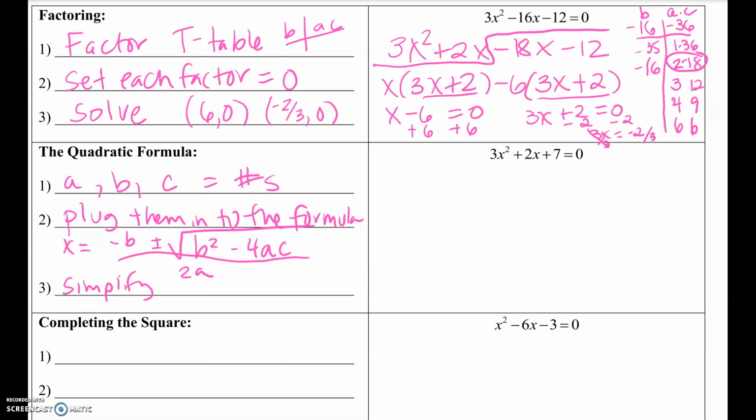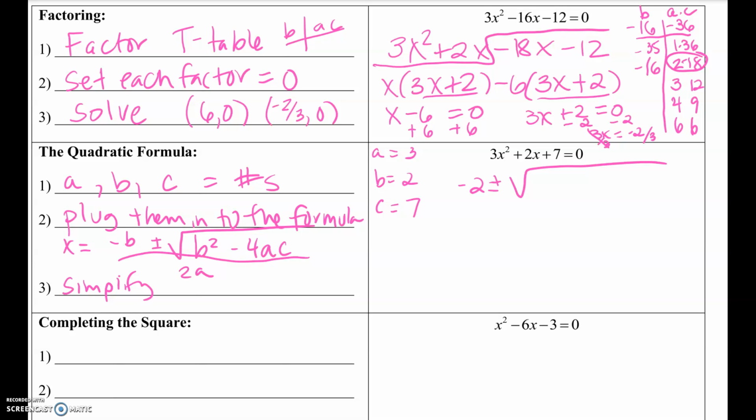So in this case, I've got a is equal to 3, b is equal to the positive 2, and c is equal to 7. So when I go to fill it in, it's negative 2, the opposite sign of b, plus or minus every time. And then I always will square b.